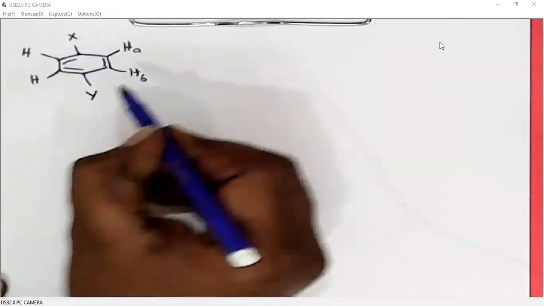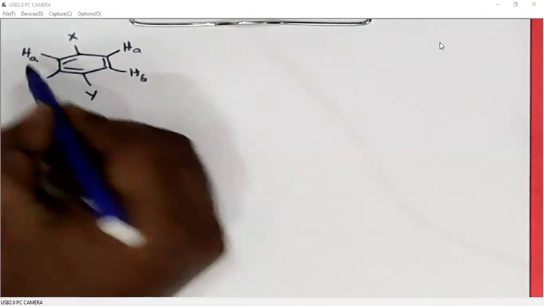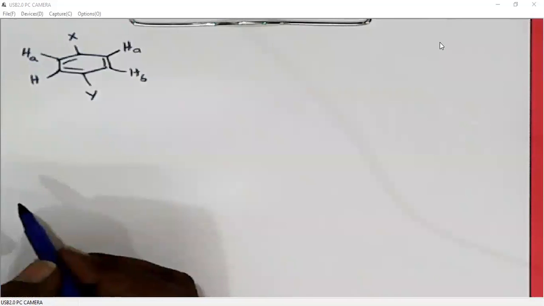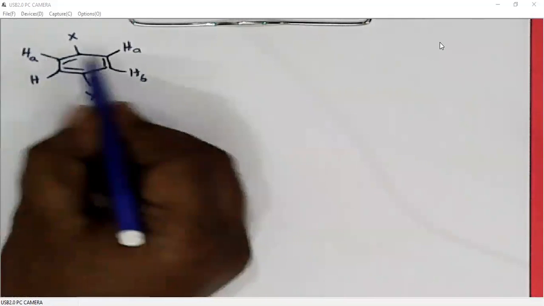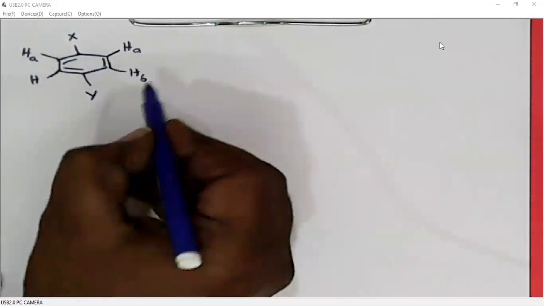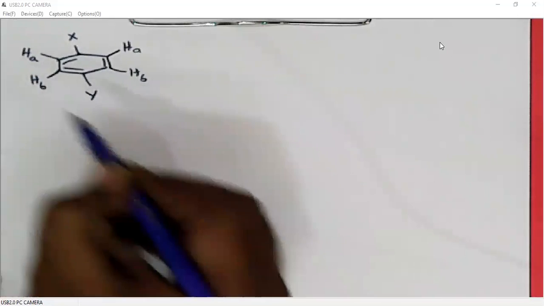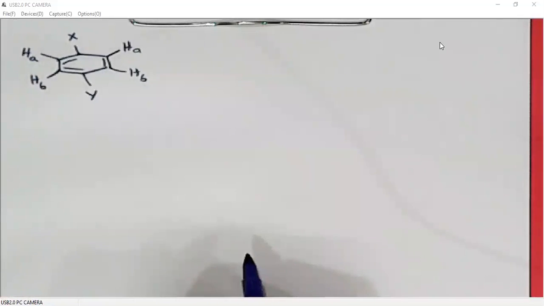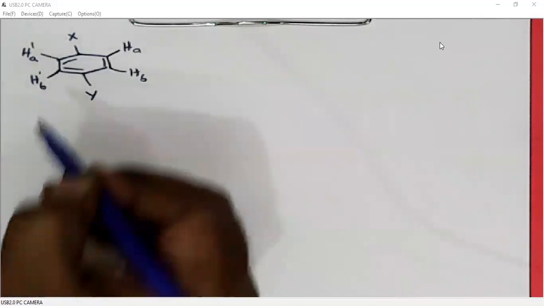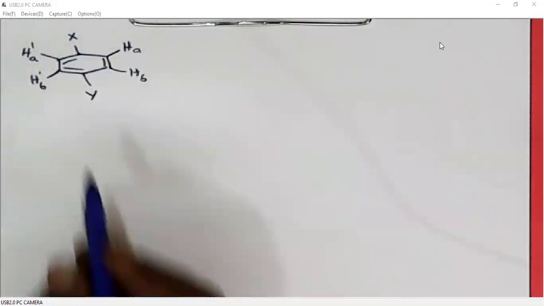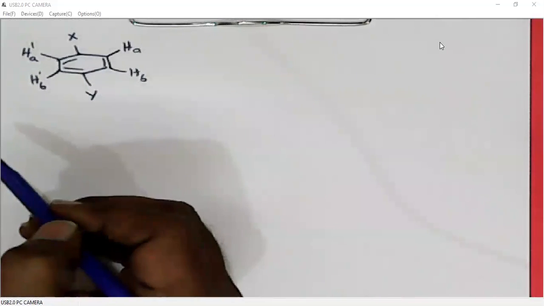In general, the HA and HA, these two protons look chemically equivalent because they are ortho to X. HB and HB, they also look chemically equivalent, right? But are they magnetically equivalent? To differentiate them, I'll give a prime, HA dash, HB dash.